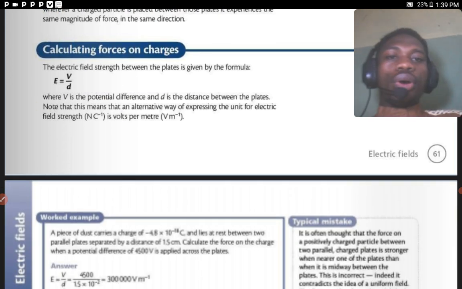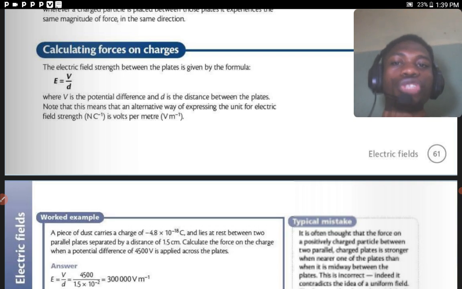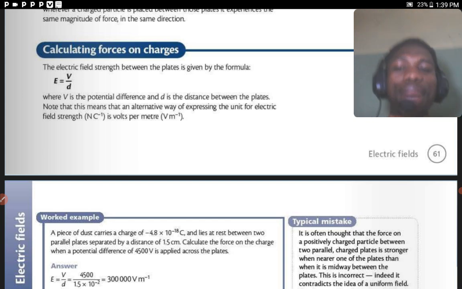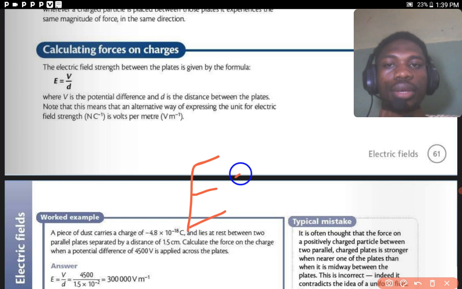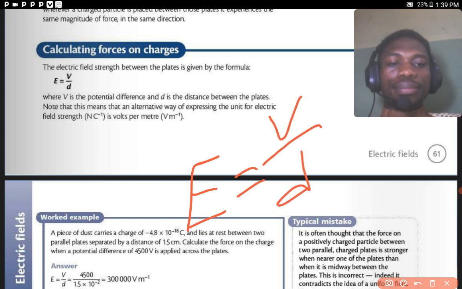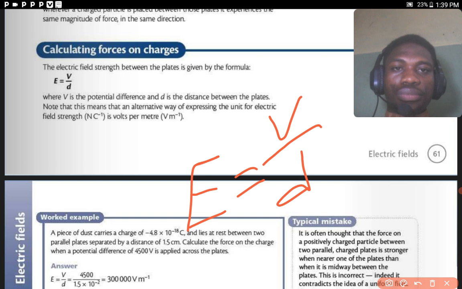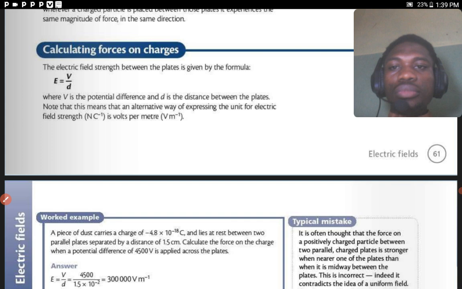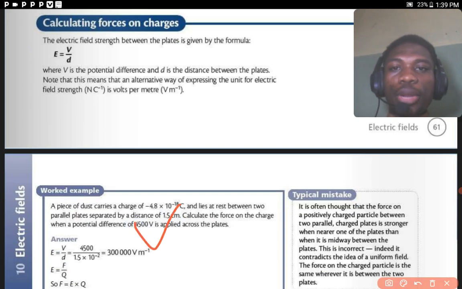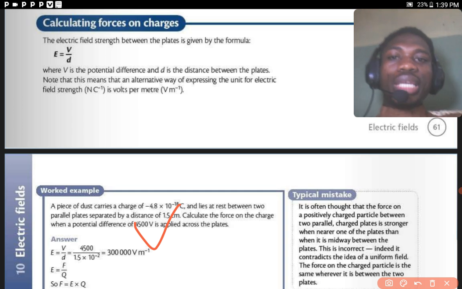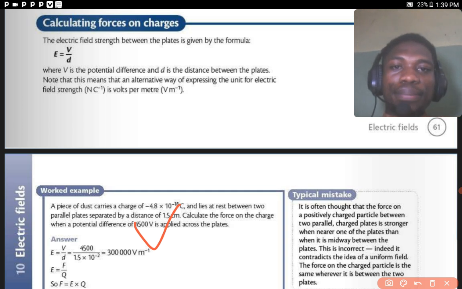The electric field strength between the plates is given by the formula E equals V over D. When we say V, we are referring to the potential difference, and D stands for the separation distance between the plates.